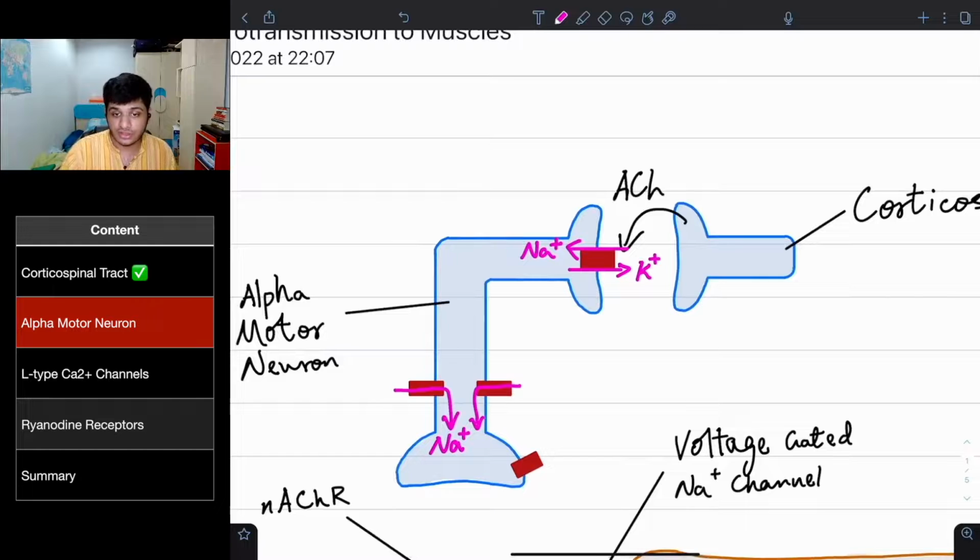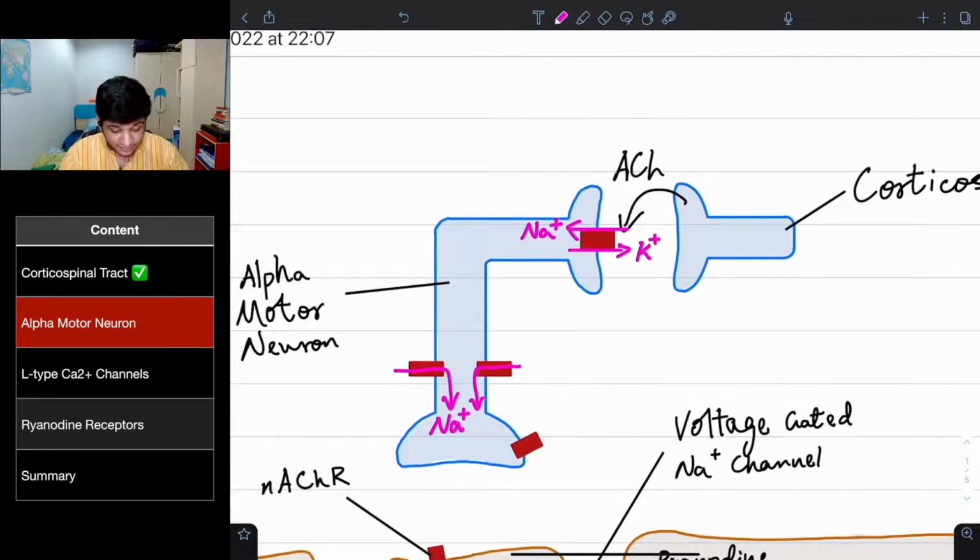And this causes voltage-gated calcium ion channels to open, causing an influx of Ca2+ ions. So this is that voltage-gated calcium ion channel. We learned that because of that further depolarization, the voltage-gated calcium ion channels open so that calcium can influx into the cell.